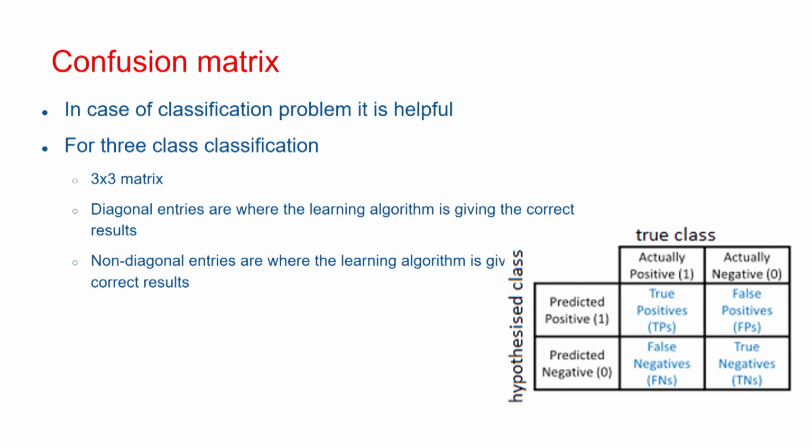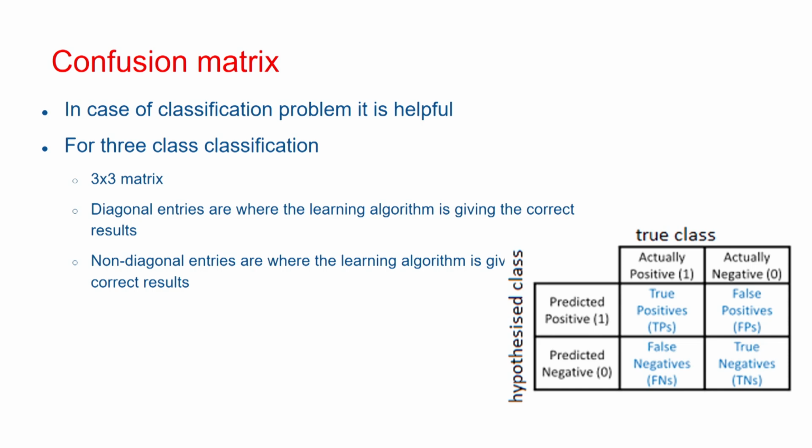So this is a case of misclassification: the actual label was negative, but the predicted label is positive, while in the previous case it was correct classification because the actual label was positive and the predicted label was also positive.